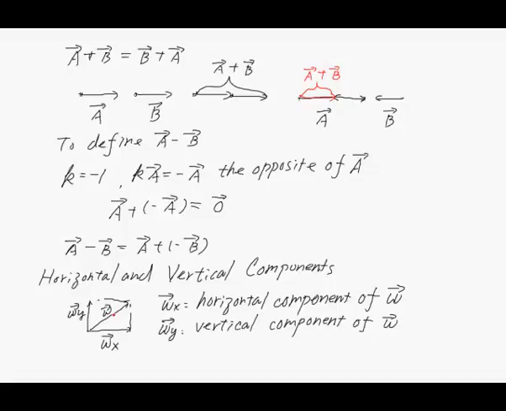It's a special case of the parallelogram. So by the parallelogram law, this W is just equal to this W sub x plus W sub y. So this is how we rewrite a vector as the sum of its horizontal and vertical components. Now, let's position this vector into a rectangular plane with the initial point of this vector at the origin.